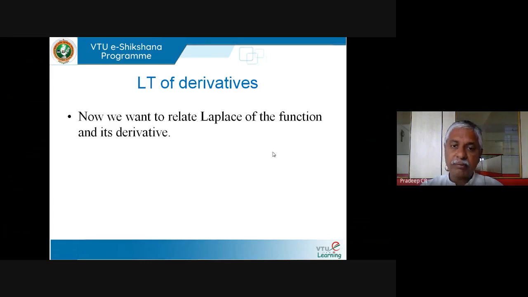So to do this, I want to relate Laplace transform of a function with its derivative. Let me tell you the formula which relates Laplace transform of a function with Laplace transform of its derivative. So this is the formula.